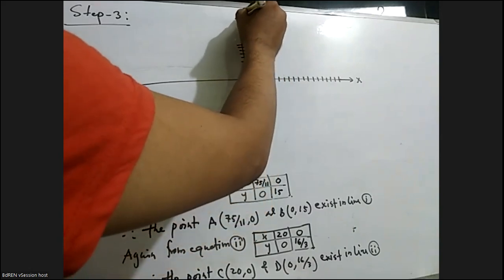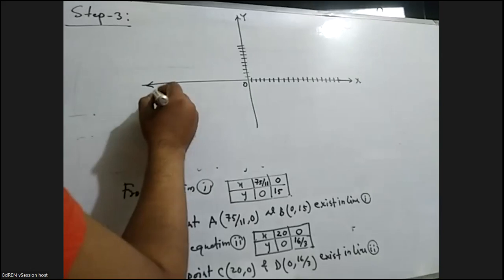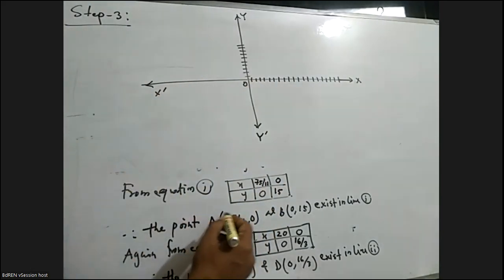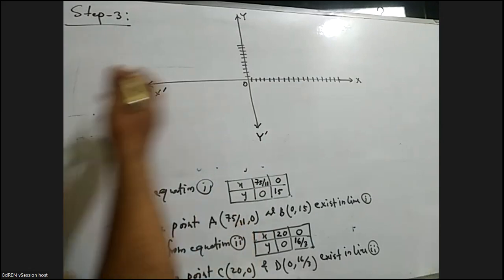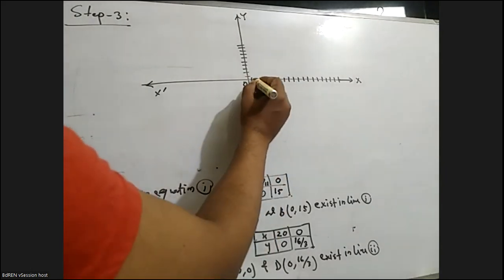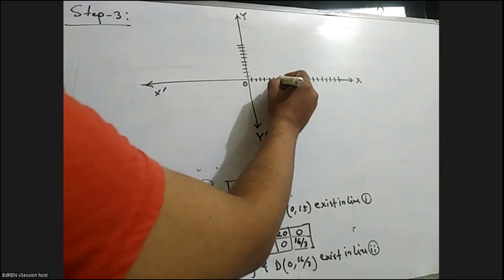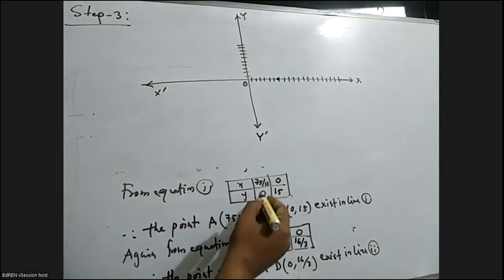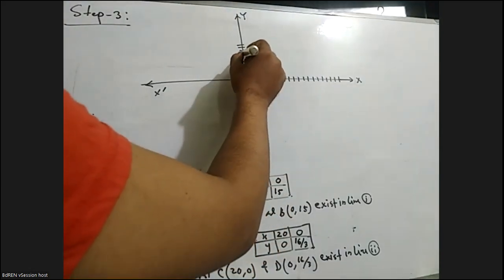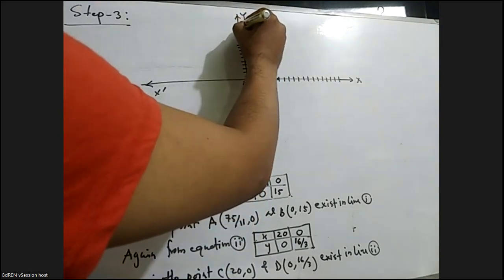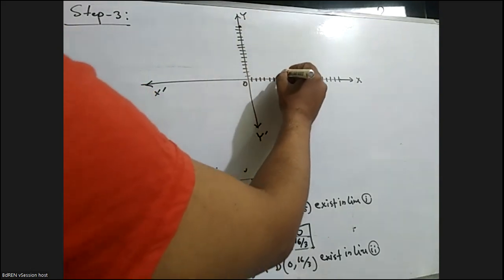This is the y-axis, and this is the negative part of the x-axis and the negative part of the y-axis. So now we want to plot the point A. This is very near to 7. X equals 1, 2, 3, 4, 5, 6, 7. This is the A point. And for the other point on y, 2, 3, 4, 5, 6, 7, 8, 9, 10, 11, 12, 13, 14, 15. Okay, so this is the 15. Now this is the A point.